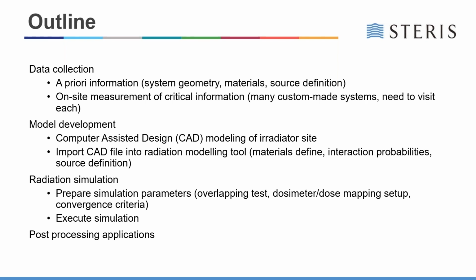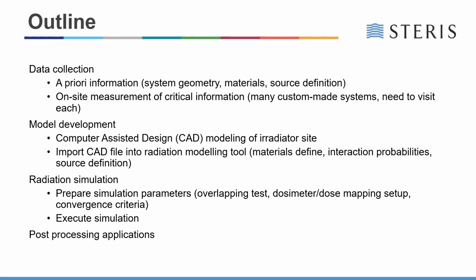CAD modeling software is utilized to develop and maintain a library of each of the processing sites operated under STERIS AST, and then the CAD models are converted and imported into a radiation modeling software for simulation of radiation transport. So this includes several steps that are not limited to, but shown here: materials definition, setting up the interaction probabilities, and defining the radiation source.